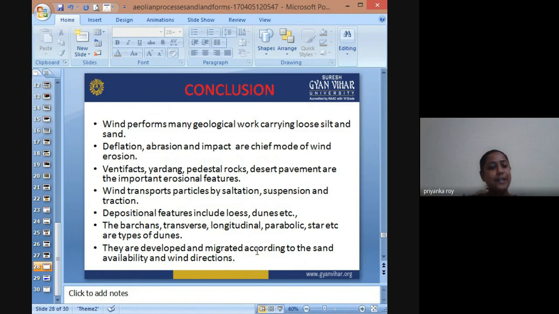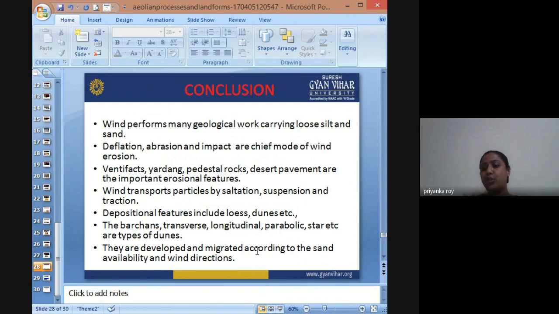Ventifacts, yardangs, padlocks, and desert pavements are some important erosional features of the aeolian land processes. So whenever I ask you what the aeolian erosional land features are, you should be able to name them: ventifacts, yardangs, padlocks, and desert pavement.